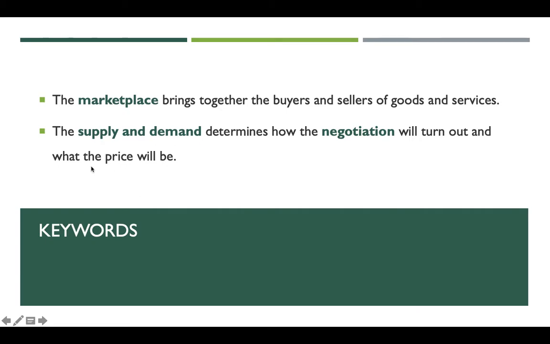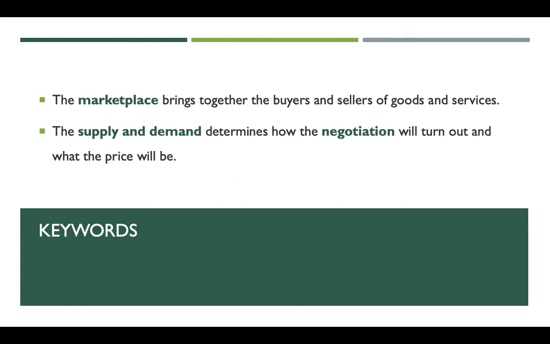And then in the second sentence, the supply and demand determines how the negotiation will turn out and what the price will be. So supply and demand, what are they? In the context of marketplace, supply means to give products, and demand means the needs of the customers.